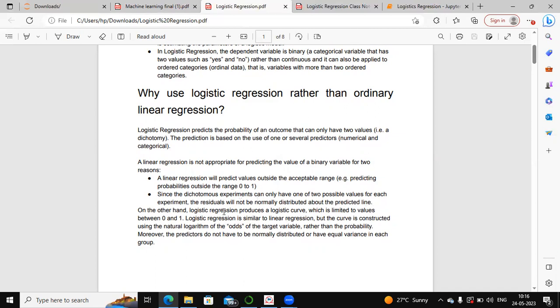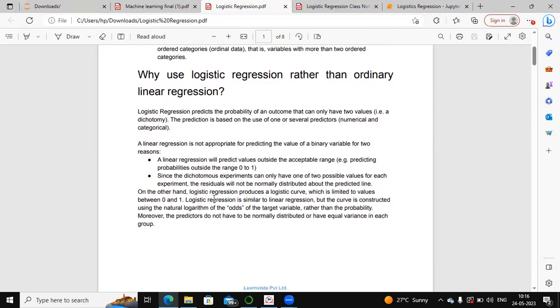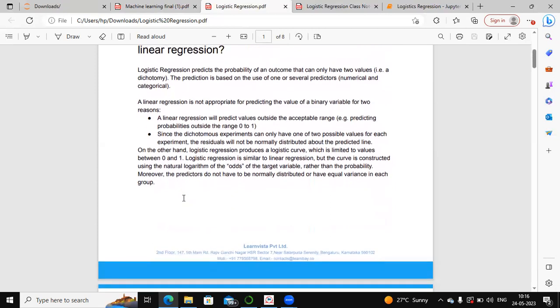On the other hand, logistic regression produces a logistic curve which is limited to values between 0 and 1. Logistic regression is similar to linear regression, but the curve is constructed using the natural logarithm of the odds of the target variable rather than the probability.